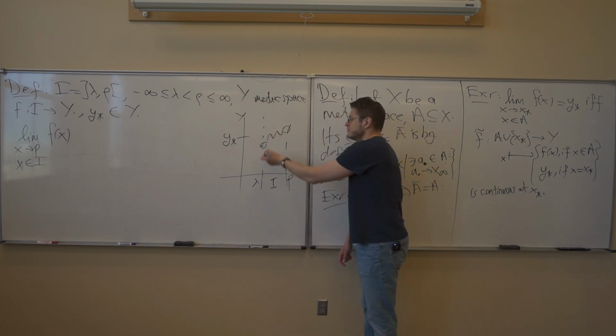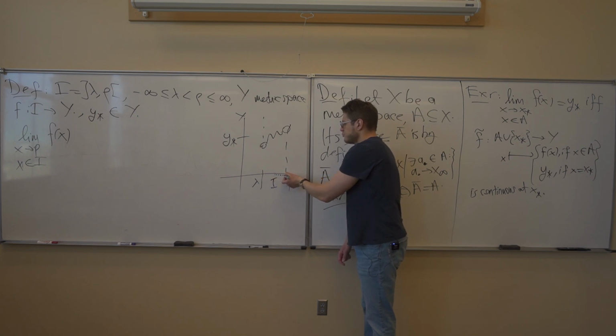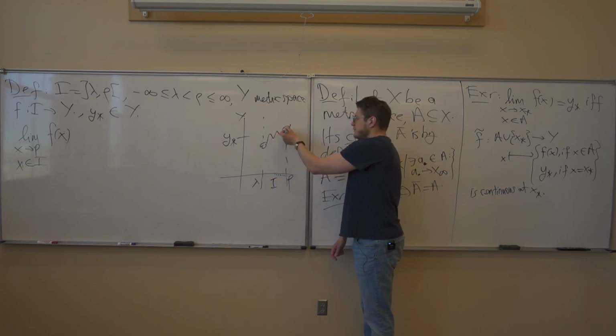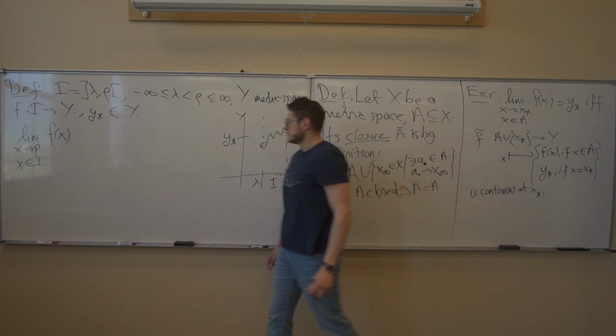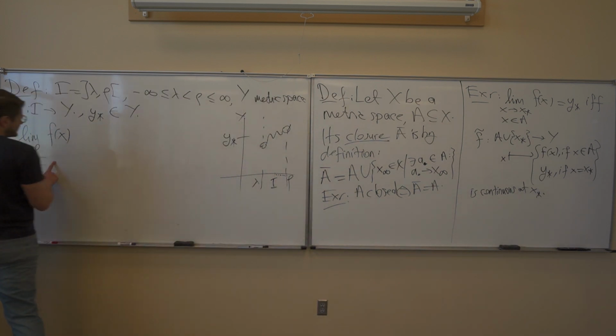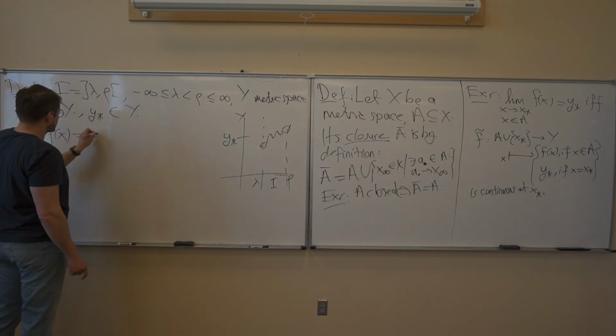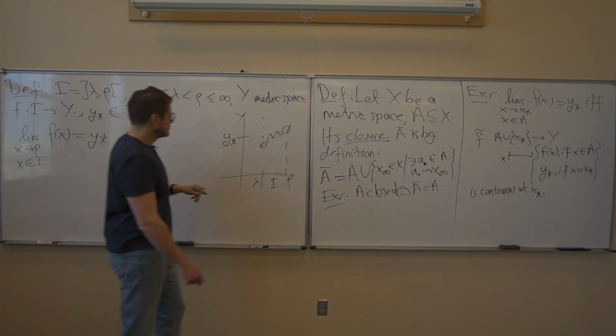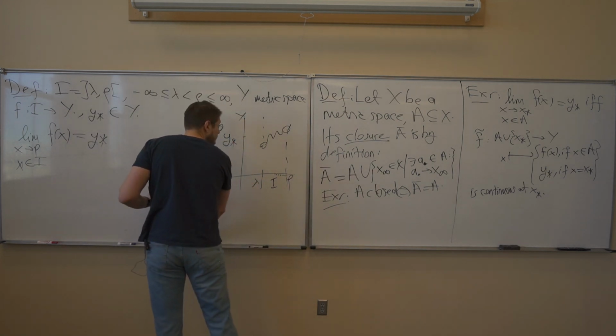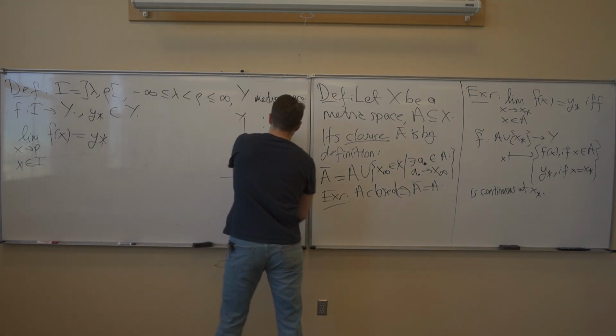The function doesn't need to be continuous, but let's just draw a continuous function. Well, as I'm taking points closer and closer to this point, I'm getting this value, right? So this is equal to y star. So that y star should be somewhere here.